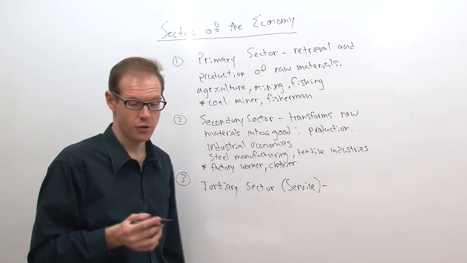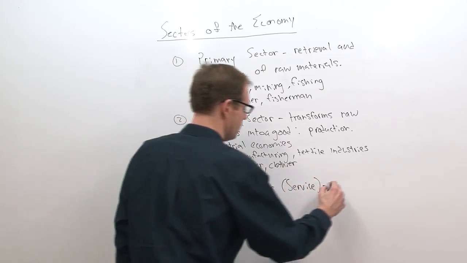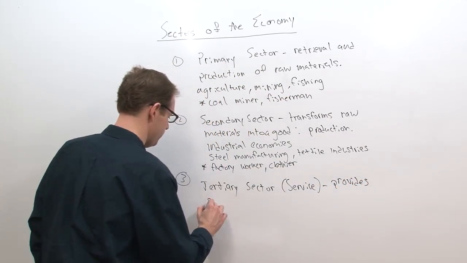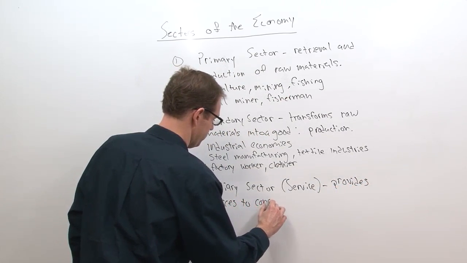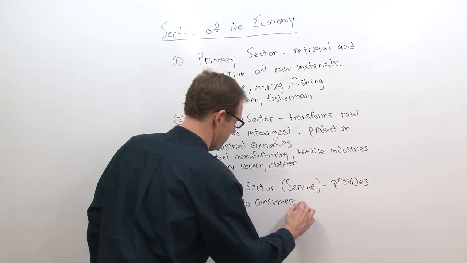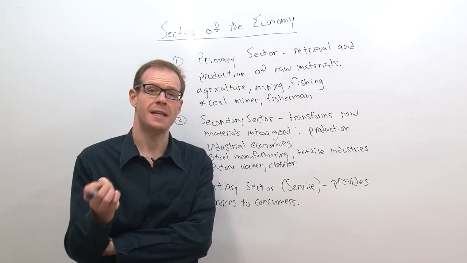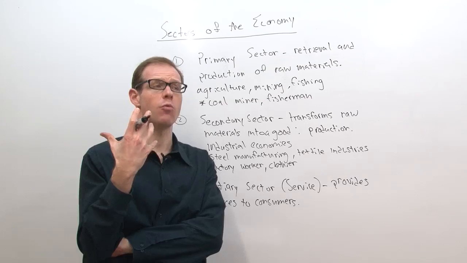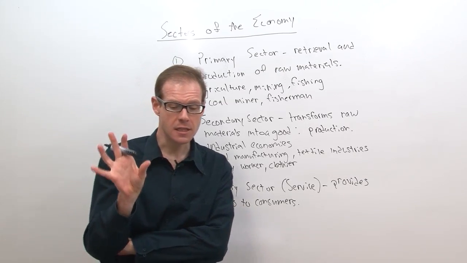And the service sector involves supplying services. So it provides services to consumers. Now, what is a service? In economics, sometimes these are called intangibles or invisible goods. This is something not like a raw resource that's transformed, like a piece of steel that I might sell. This is different.